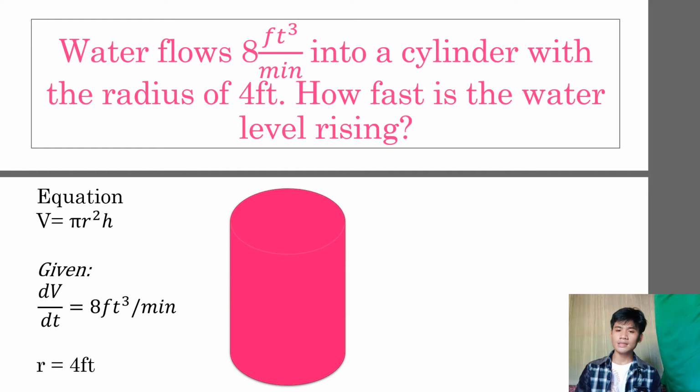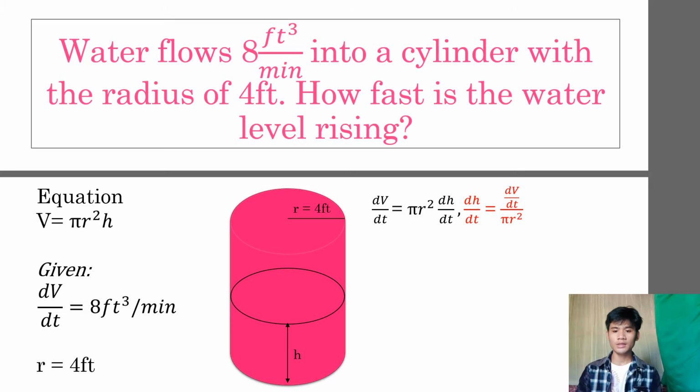Assume that this is the illustration of the given problem, the cylinder with radius equal to 4 feet and the height of the water, and we are looking for the rate of change of the height with respect to time.